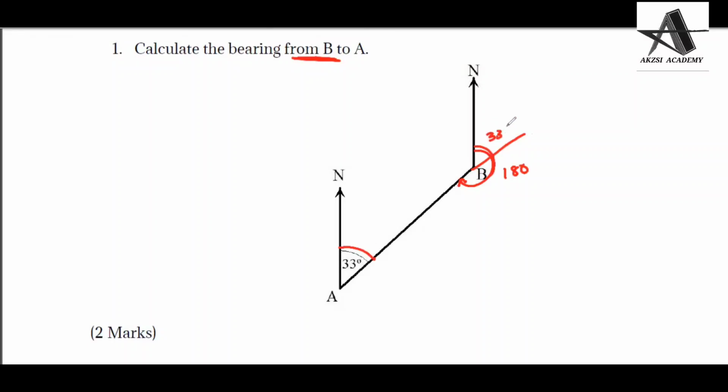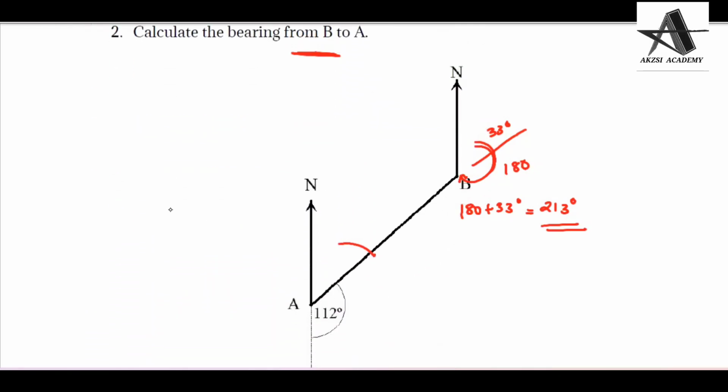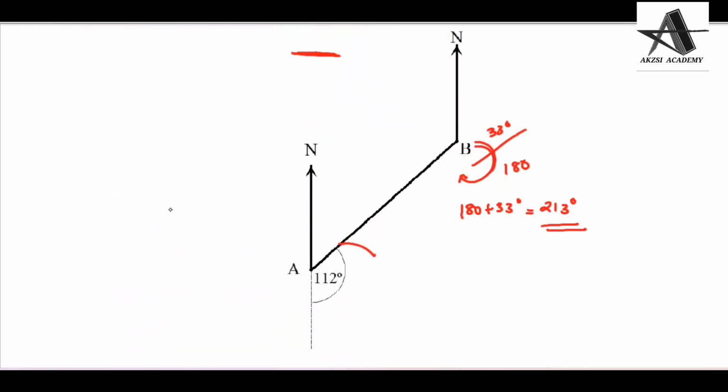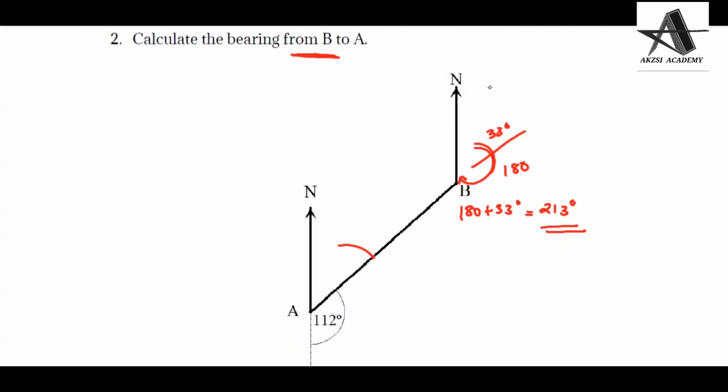So this will give you 33 degrees. So this is going to be 180 plus 33 degrees, which is 230 degrees. This will be your final answer for it. Okay, it's very simple, right? Now, I want you all to give me the correct answer for this one. Bearing from B to A.